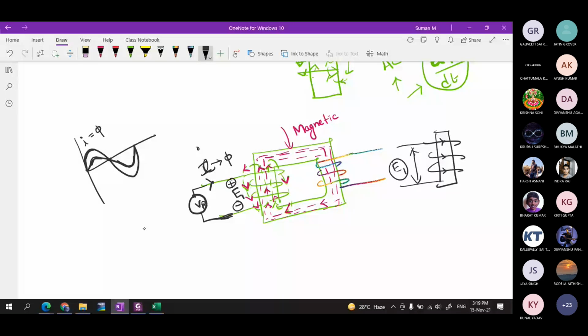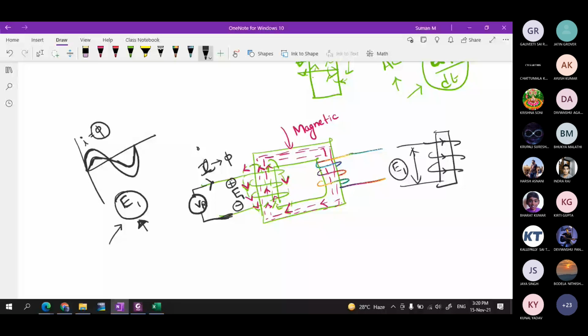Now this flux which is here is going to establish some EMF. That EMF is given by E1. If this EMF needs to be given some certain polarity, we have said that it is going to be an induced EMF.